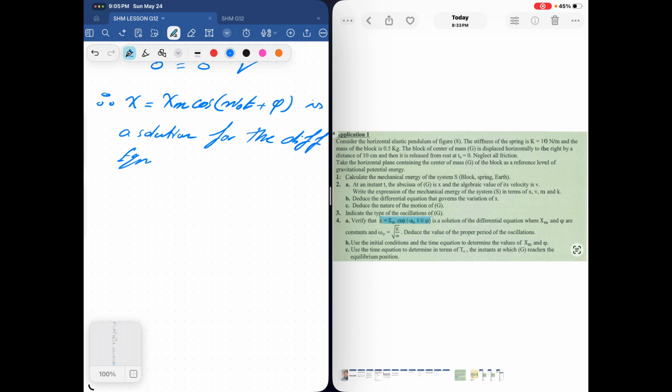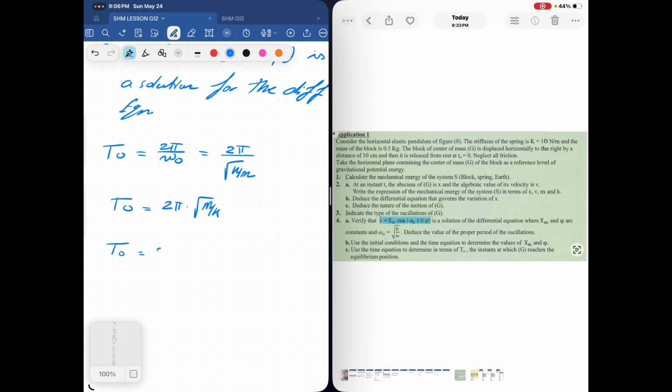The question continues now to deduce the value of the proper period of oscillation. We know that the proper period T0 is equal to 2 pi over w0, meaning it is equal to 2 pi over radical k over m. And thus, T0 is equal to 2 pi radical m over k.